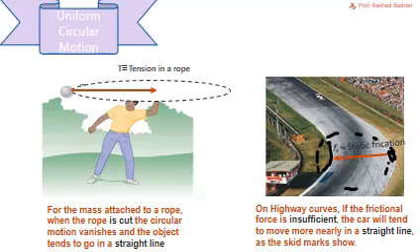And at this point, the question you may ask: what centripetal force causes the car to stay on the track and move in a circular motion, keeping its speed constant while it changes direction?